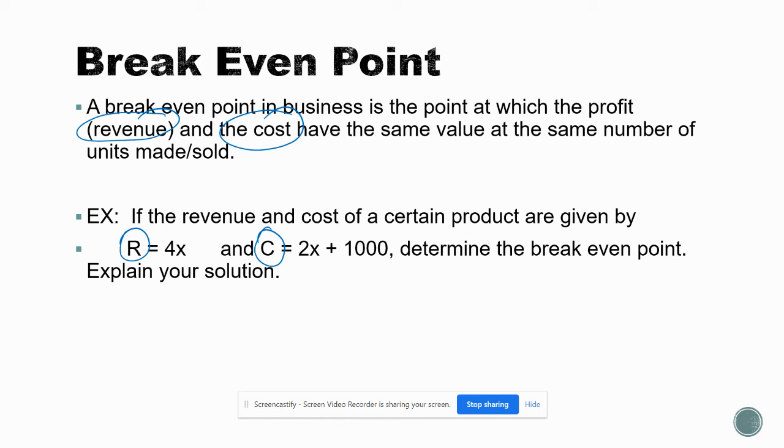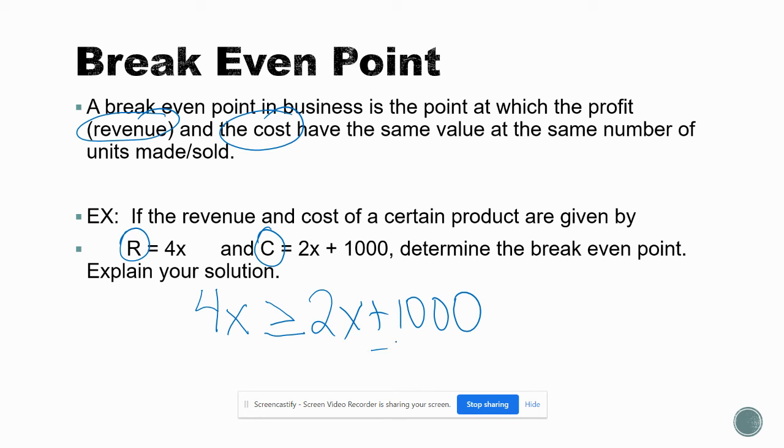Well, remember, we always want our revenue to be more than the cost. So if I were going to write this as an inequality, we would write 4x must be greater than or equal to. Remember, if it's equal to, then they'll at least break even, 2x plus 1,000.